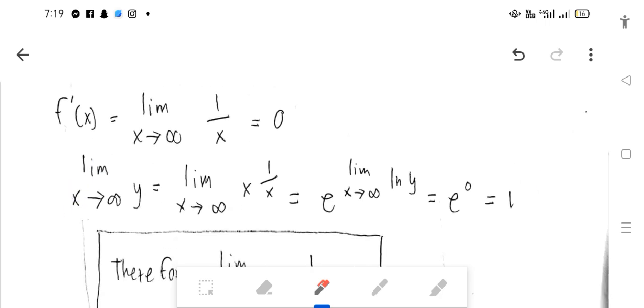So we have already found the limit of our ln y.